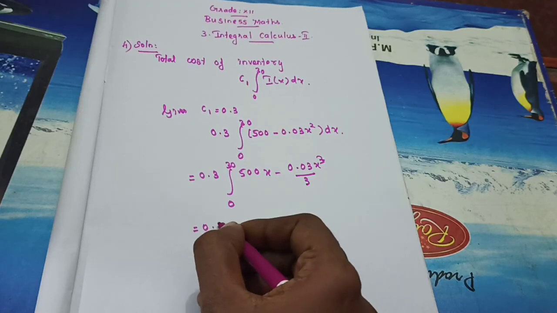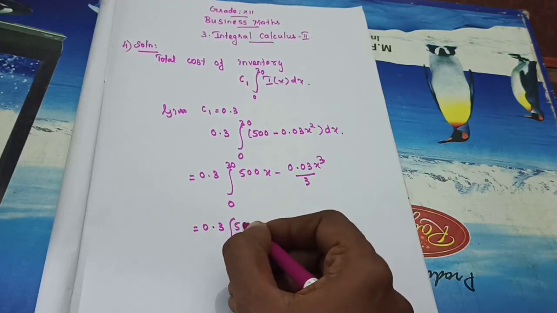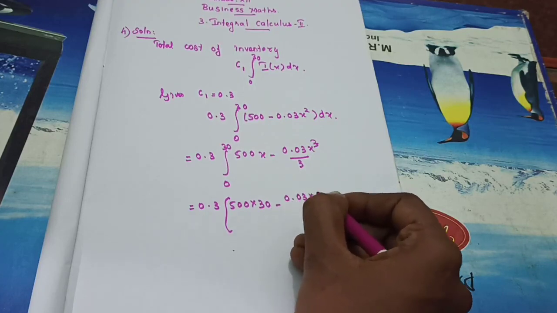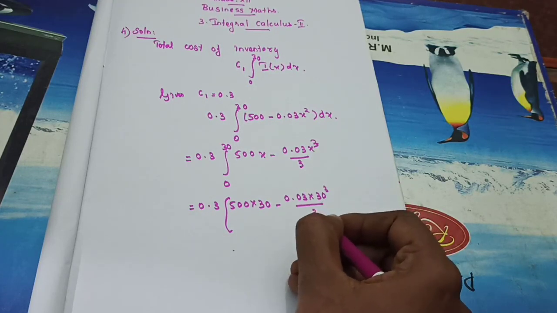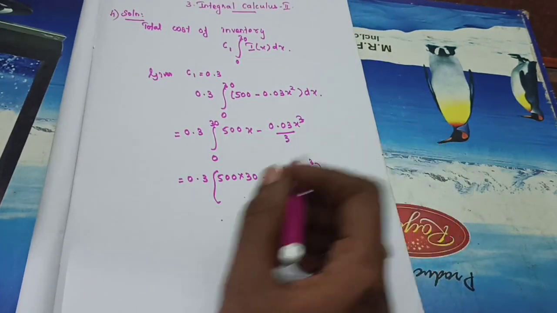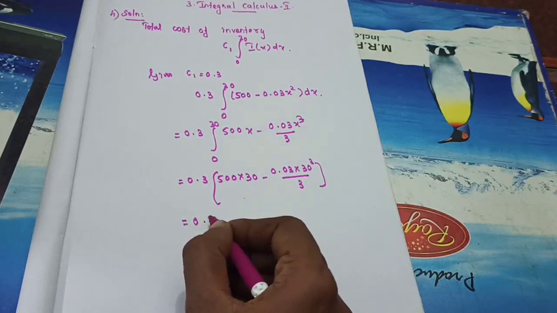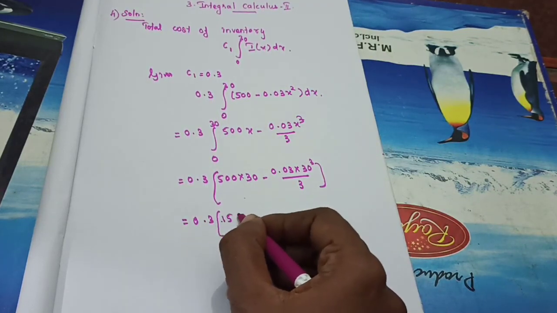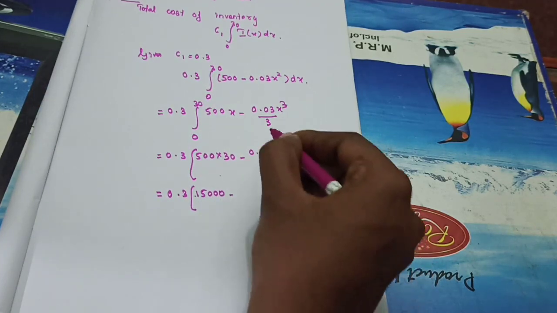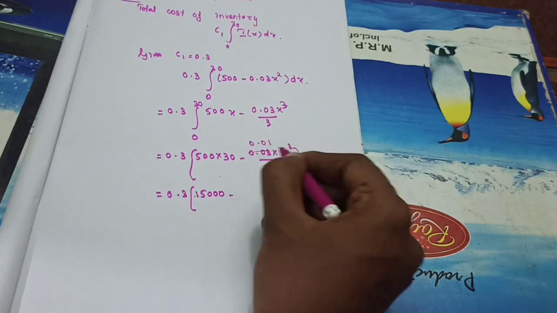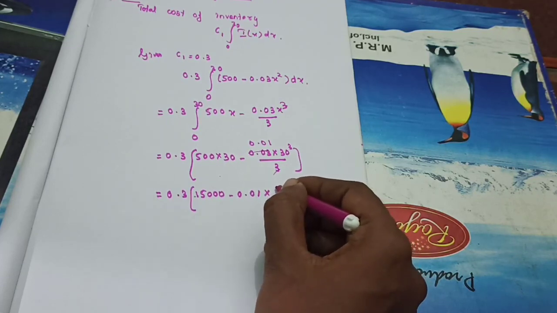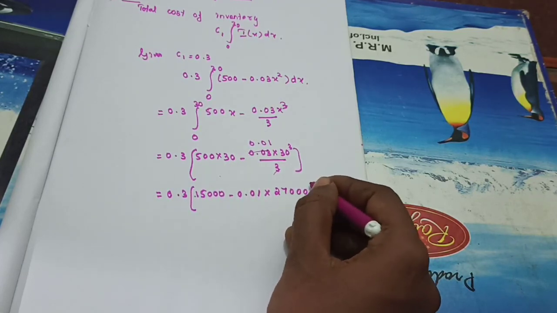So equal to 0.3 into, apply the limit, 500 into 30 minus 0.03 into 30 cube divided by 3, minus this one, everything will be 0 when you substitute the lower limit. Now 0.3, you can use the calculator. I am writing just the value. 15,000 minus, here you can cancel 3, which gives 0.01. 0.01 into 30 cube means 27 with 3 zeros, so 270.